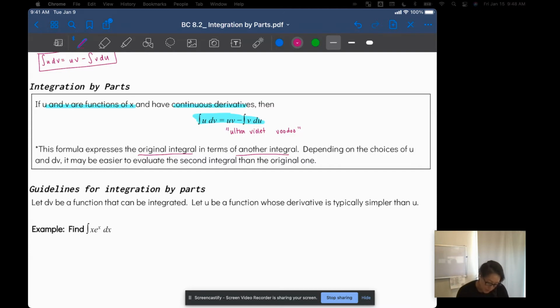Oh, one more thing. In general, what we're going to do is pick out part of the expression to represent u and part of it to represent dv. With dv, you have to be able to integrate it first off. And I usually pick the u to be the easier part of the equation.